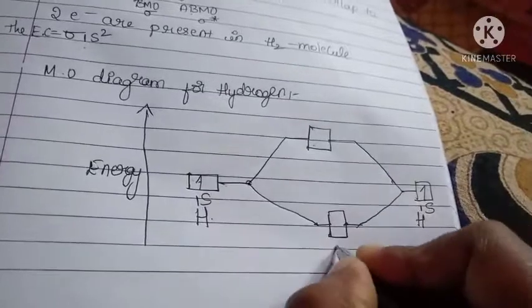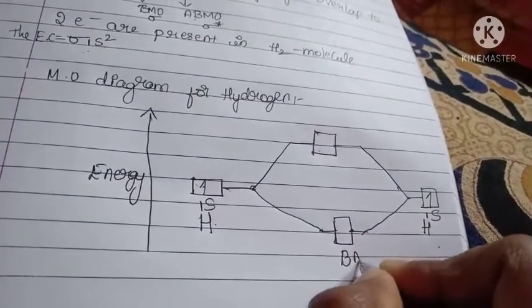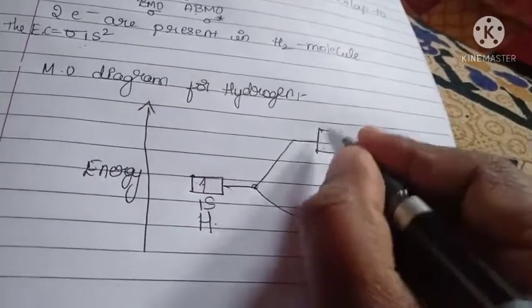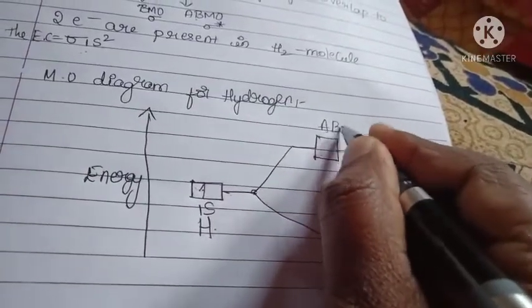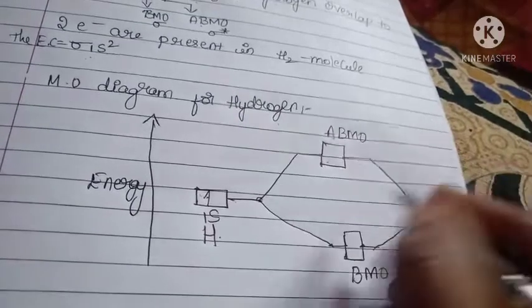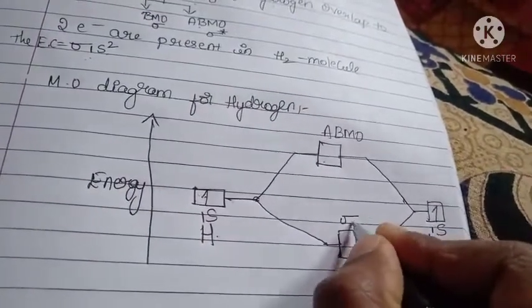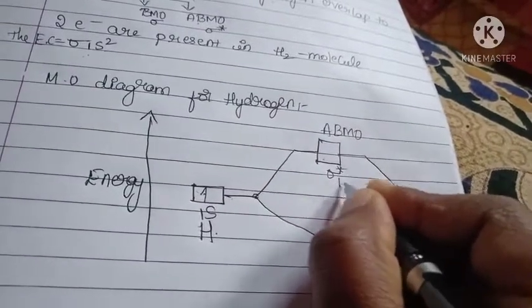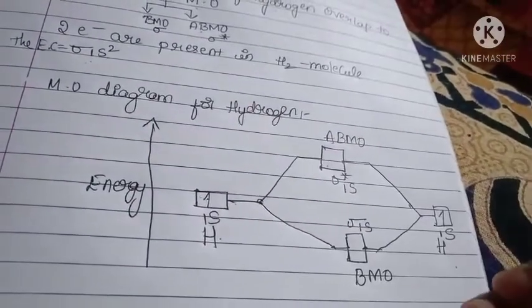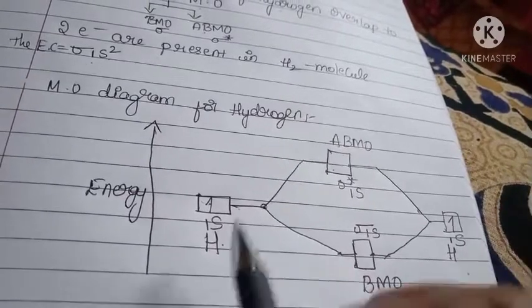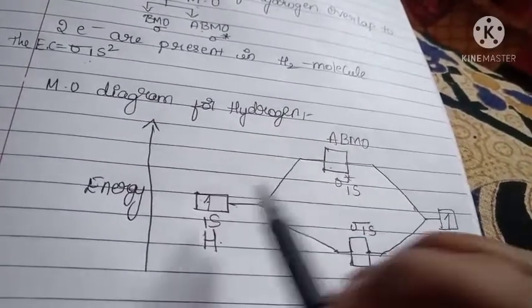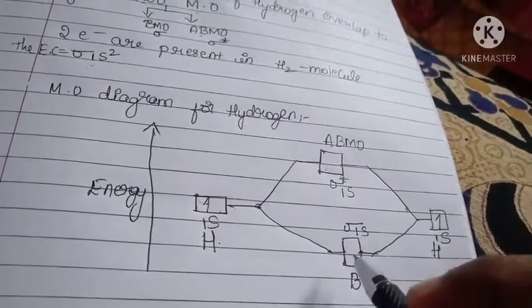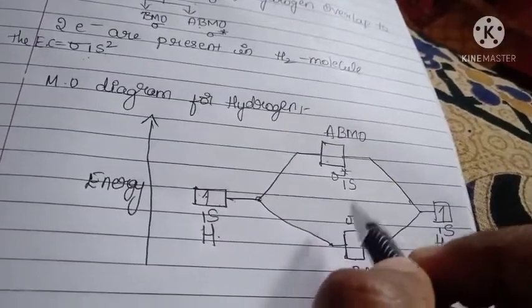I was explaining in the last class, BMO, bonding molecular orbital, should be in the lower energy level. ABMO, anti-bonding molecular orbital, should be at the higher energy level. This is sigma 1s, this is sigma star 1s. If two atomic orbitals are present, two molecular orbitals are formed.